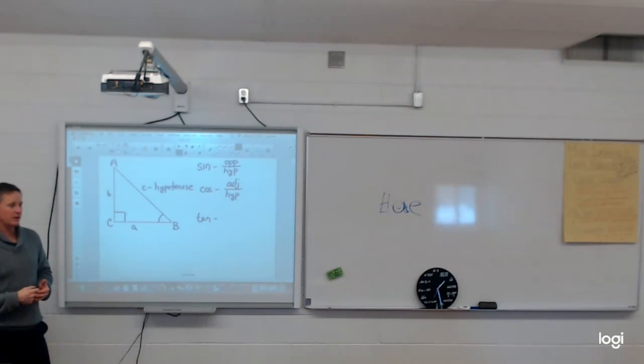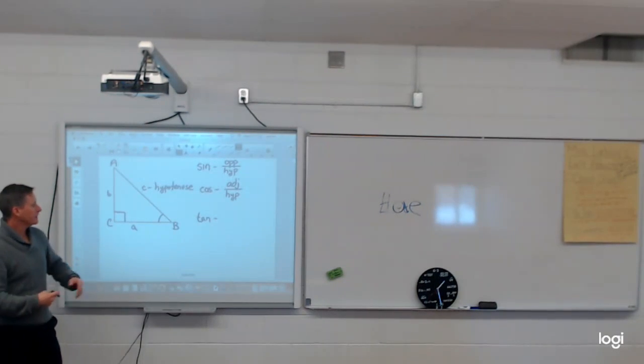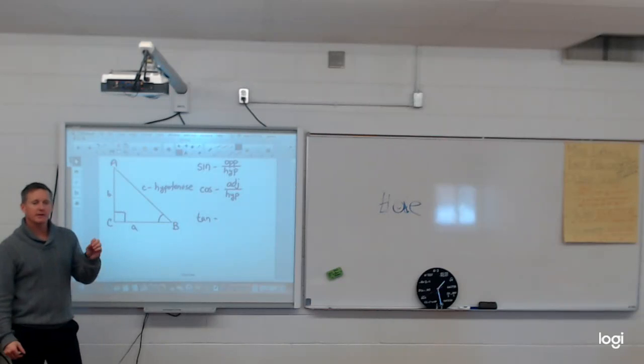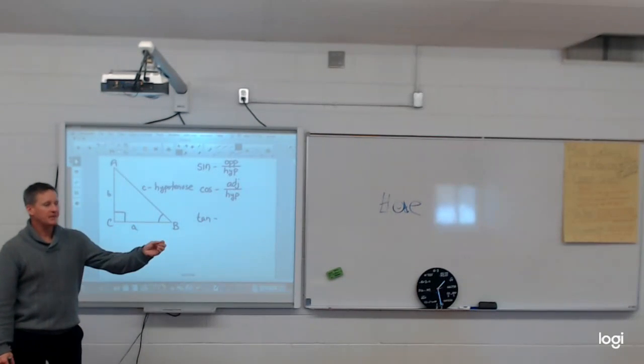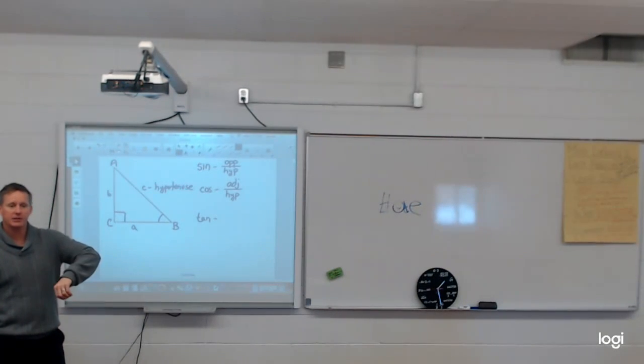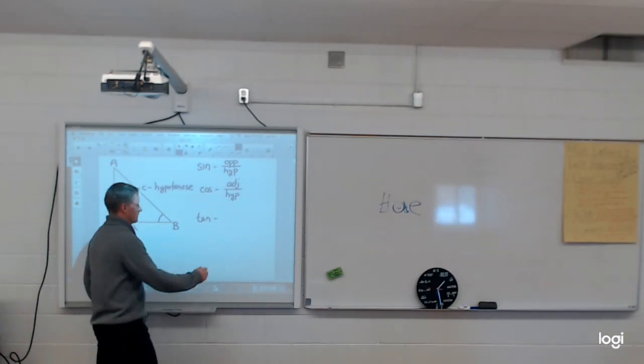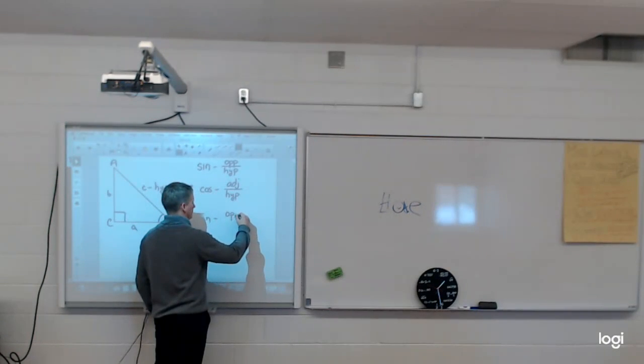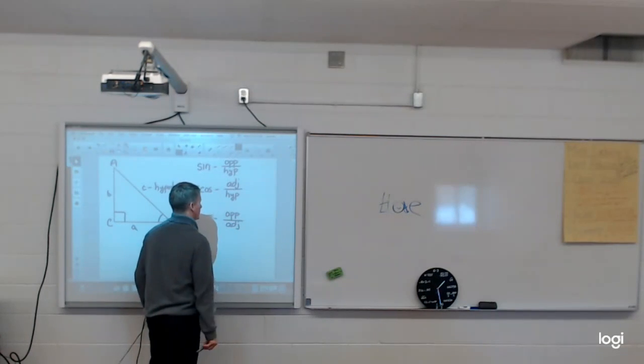So far, so good? So the third trig function that we work with is the tangent one. It's going to compare the side opposite my angle to the adjacent side. So opposite over adjacent.